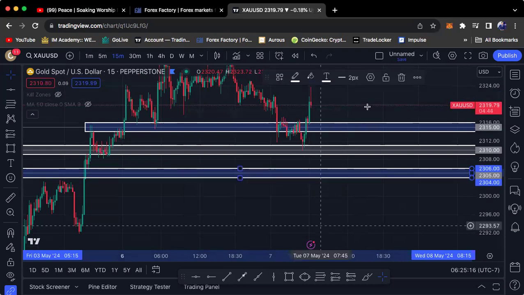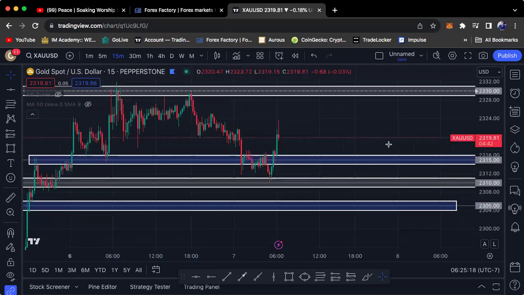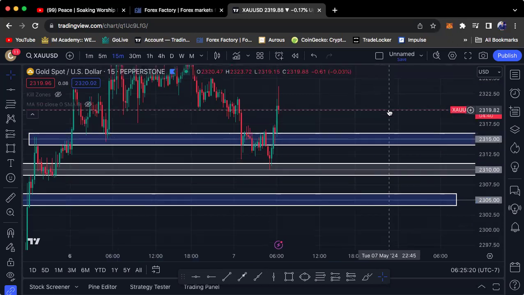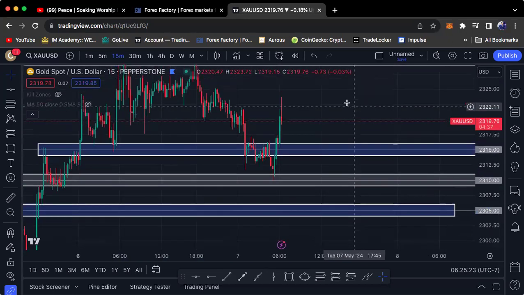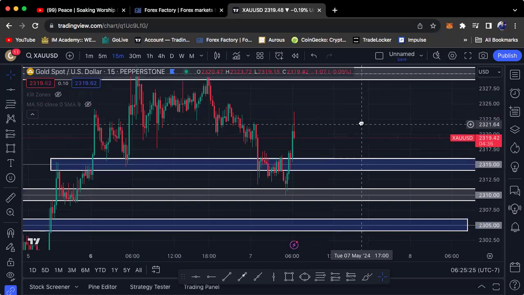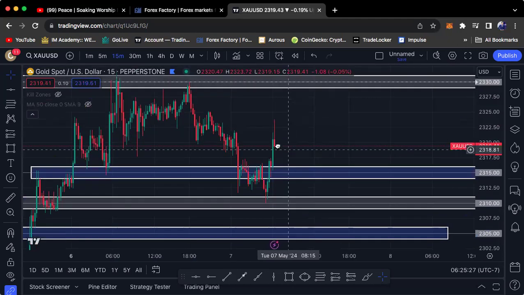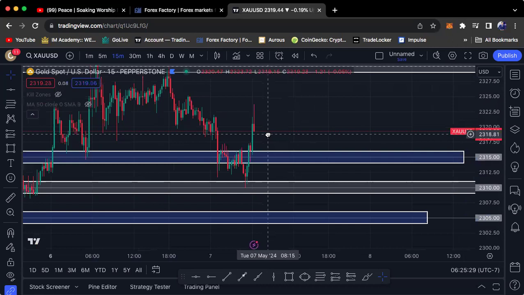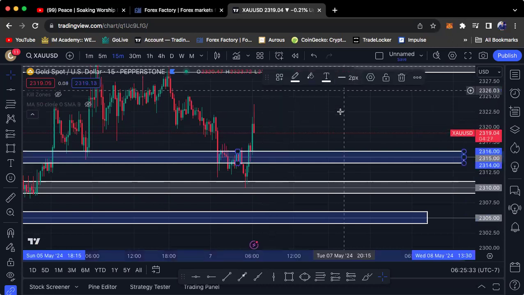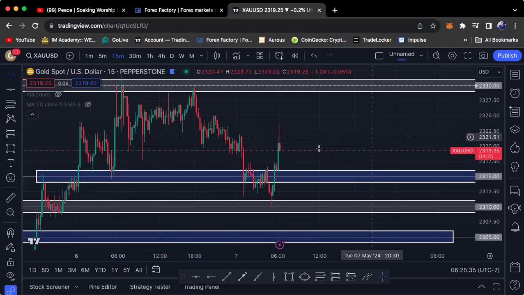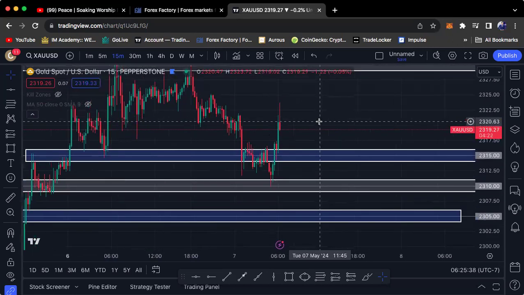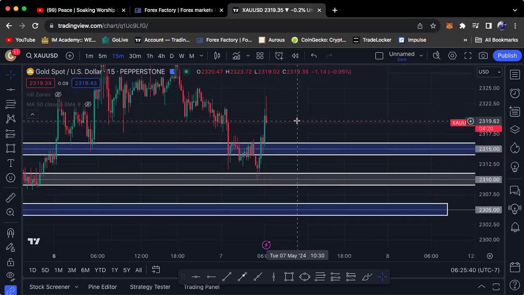All right, so I'm just going to keep these zones for now. I don't want to draw too many zones. Four max for me. And I'm waiting for that break of structure.